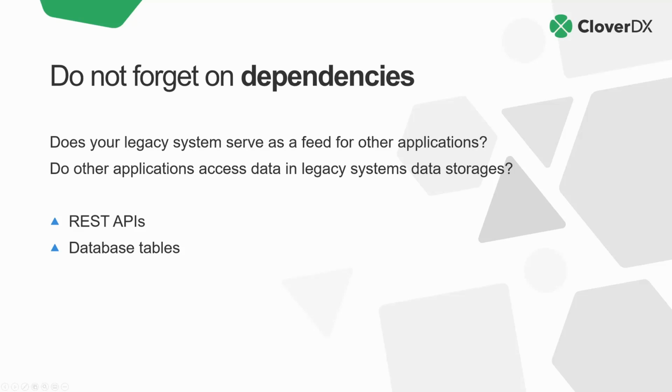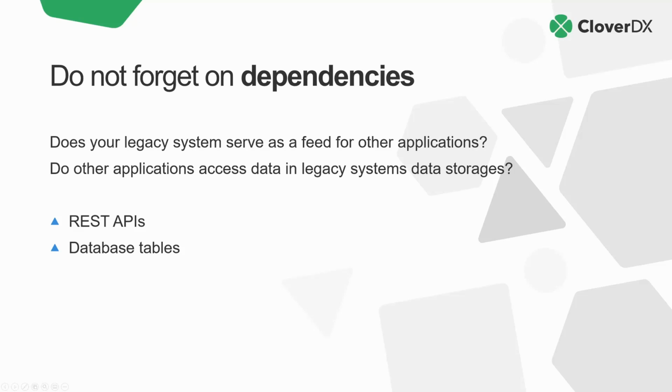Does your legacy system serve as a feed for other applications? Say, does your old system have a REST API that you would like to continue using, or do other applications access the data in the legacy system data storages? Say they connect directly to the database and work with that.